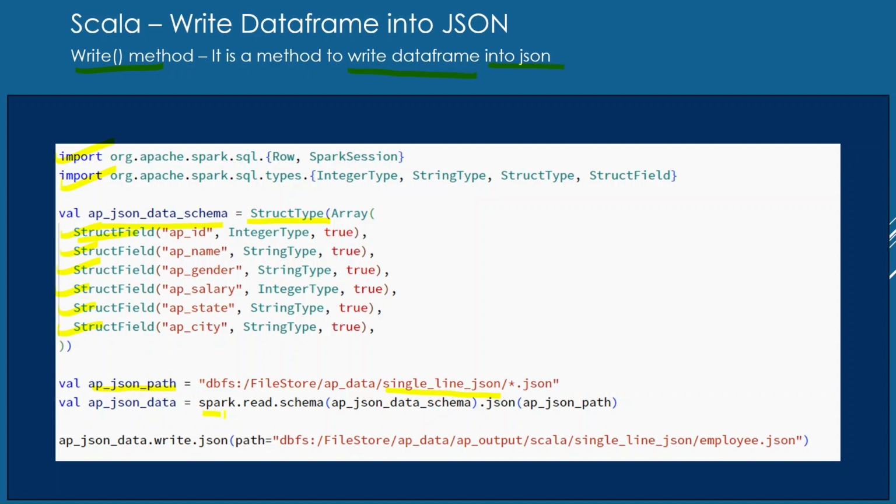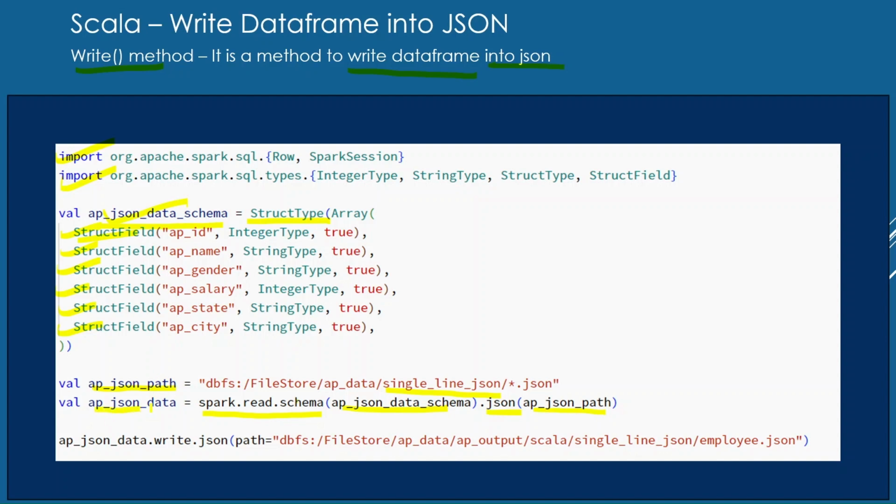With the help of spark.read.json, I am reading the JSON file which is present in this path with the help of a custom schema, the custom schema which we have defined here.